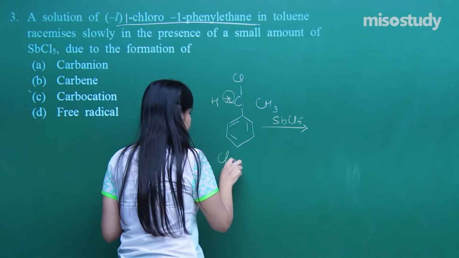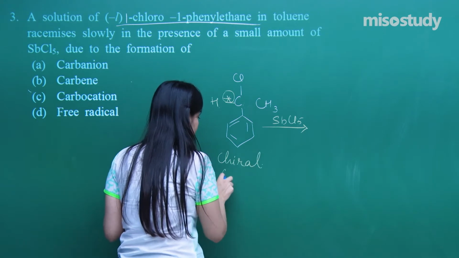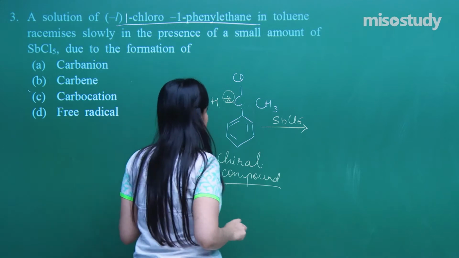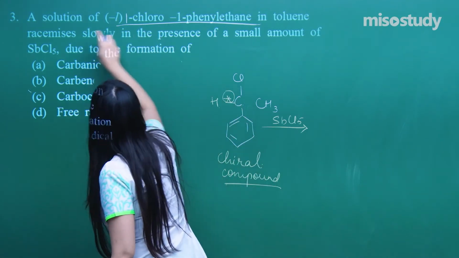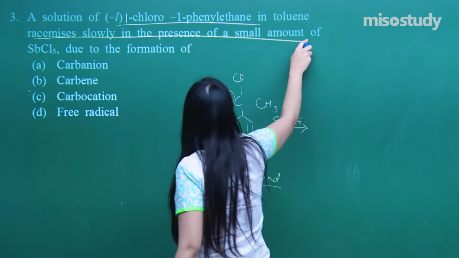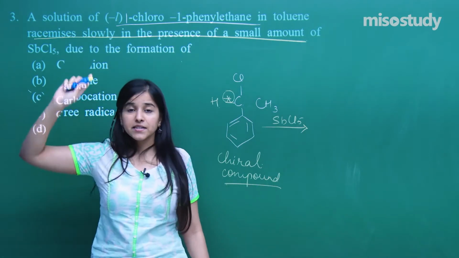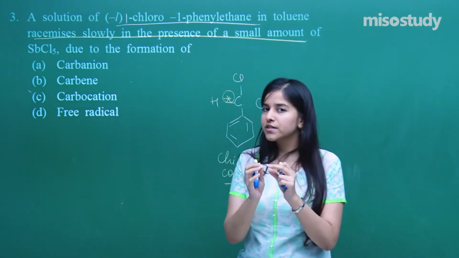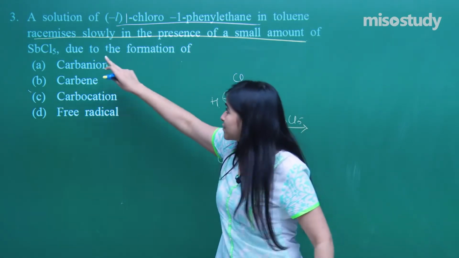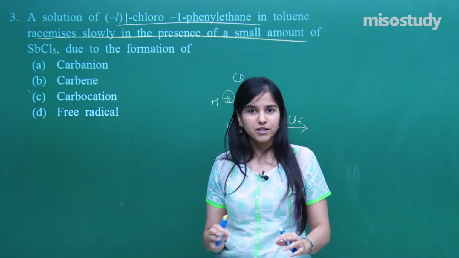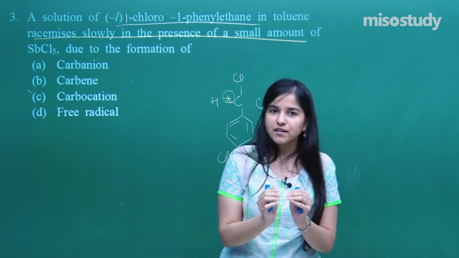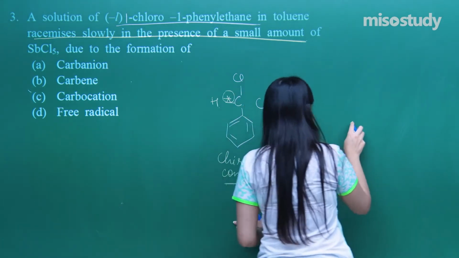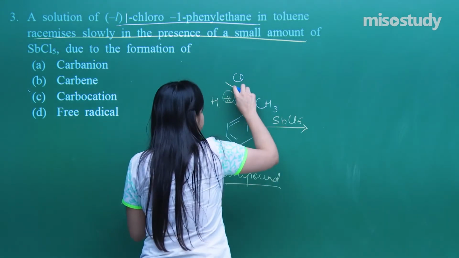So this is a chiral compound. And what happens here? It racemizes slowly in the presence of a small amount of it. What is racemizes? Creating a racemic mixture. So whenever you hear the word racemic mixture or racemization or racemizes, that means I will be getting my intermediate product as a carbocation.